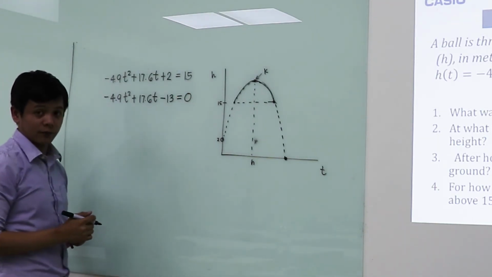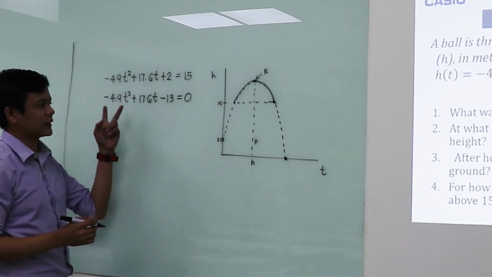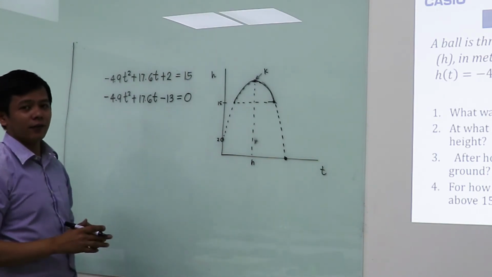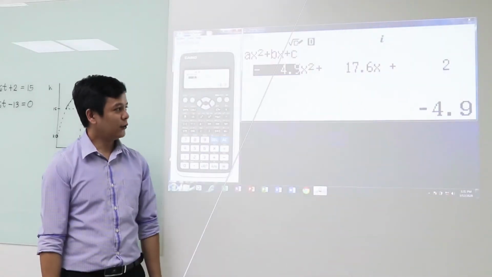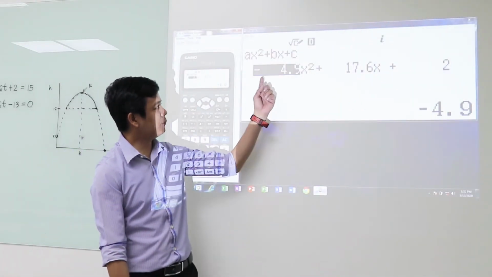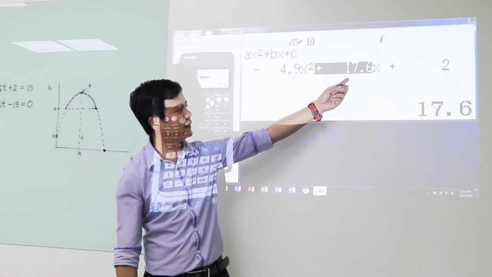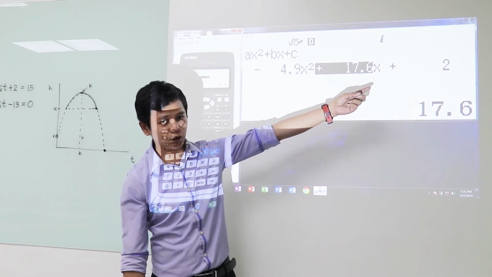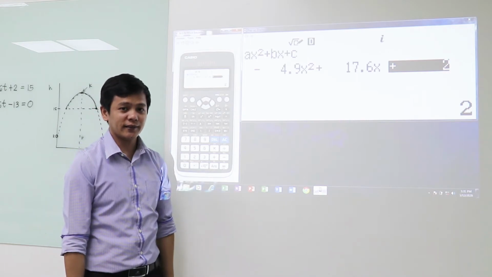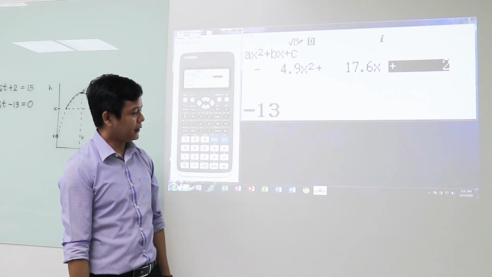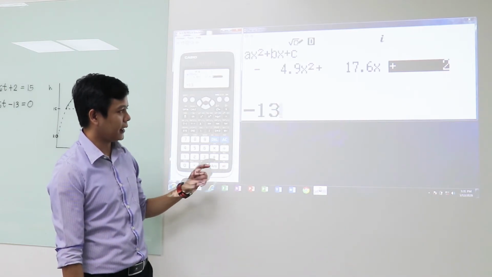This equation is the one that we're going to solve under the equation or function menu. As you can see, we already input negative 4.9 and 17.6. So we just have to change the last value, which is 2, to negative 13. So we can put minus 13 or negative 13, then equals.